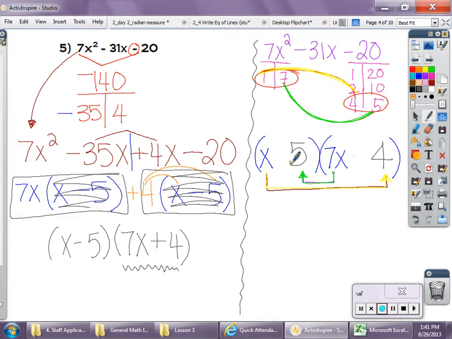How do I know which one's positive, which one's negative? Well, we want negative 31, so I need the 35 to be negative, which is why this would be negative, and this would be positive. Negative 5 times positive 7x would get me the negative 35 that I needed. So those are those factors. Either way will work. I really don't mind which way you do it.